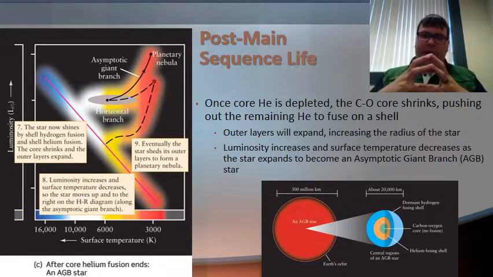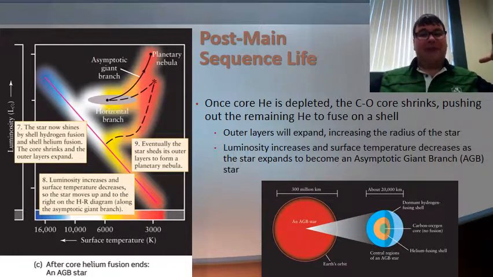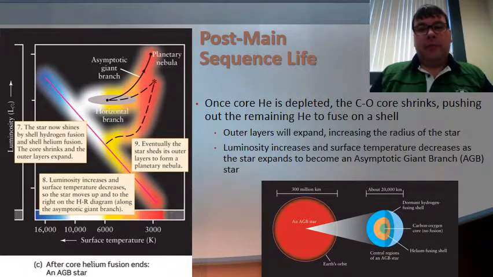But its outer layers have to expand. And when it expands, it goes into the second giant phase, what we call the asymptotic giant branch. That AGB star gets very large, possibly about Earth's orbit in size.